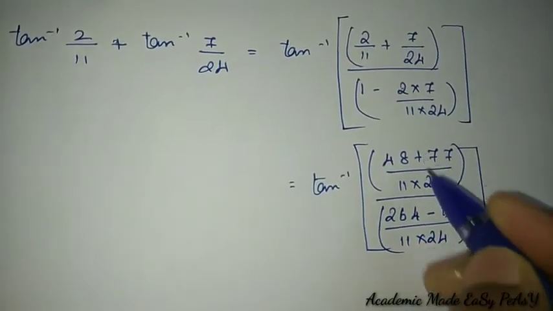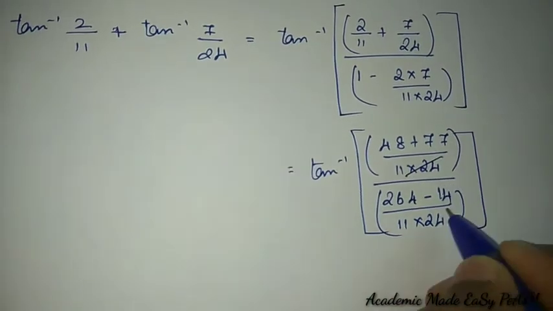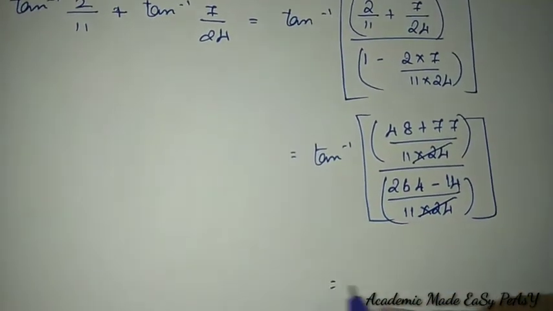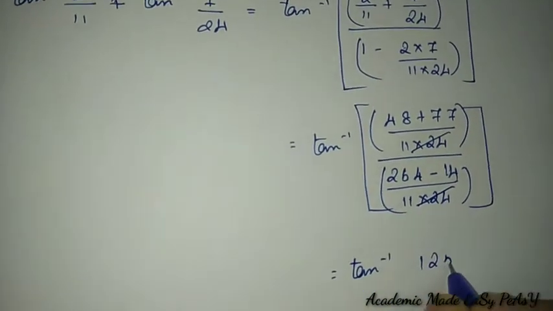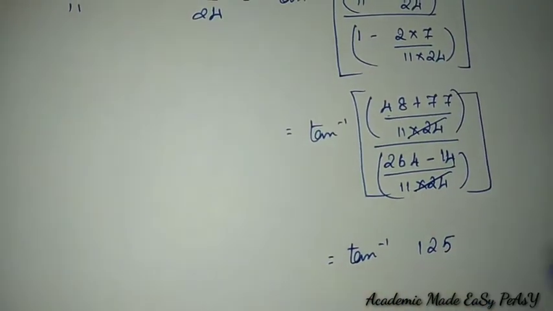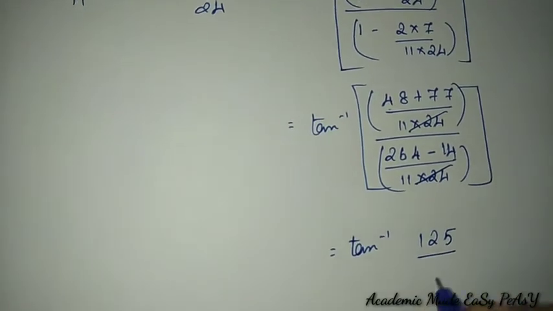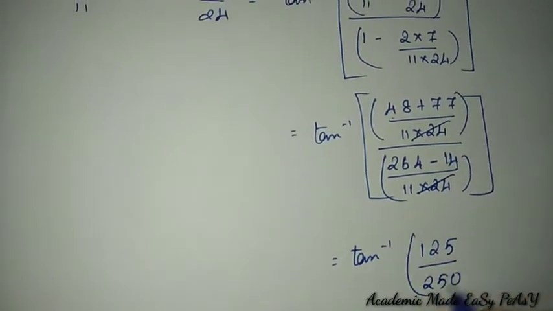So here the denominator both also is same, so I will cancel these two. So therefore I will have tan inverse of 125. If I add this I will get 125 divided by 250.